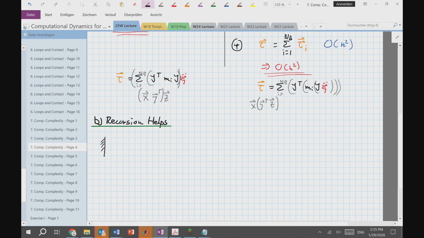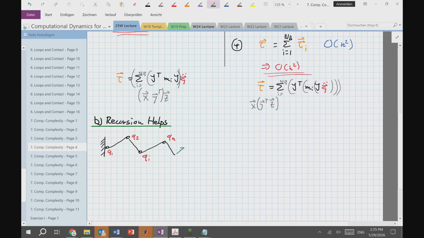If I have a robot, and I do our usual just kinematics chain, and it has a bunch of joints, so Q1, Q2, some Qi, up to a Qn.